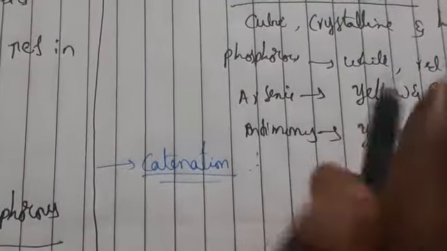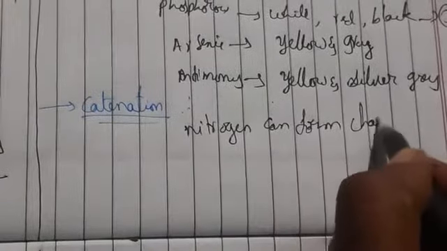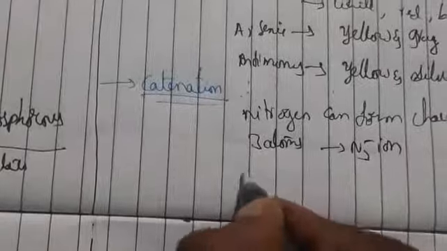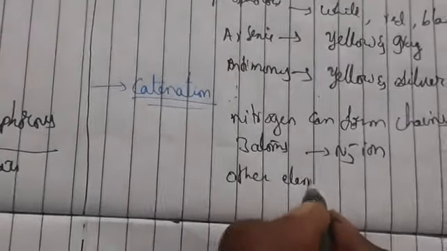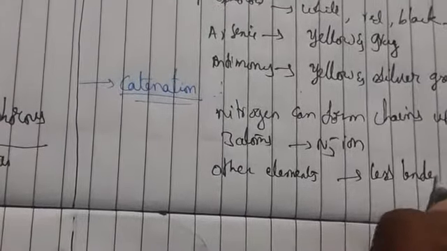For example, nitrogen can form chains of up to 3 atoms, that is the N3 minus ion, the azide ion. Other elements show very little tendency to form chains. So this is about catenation.